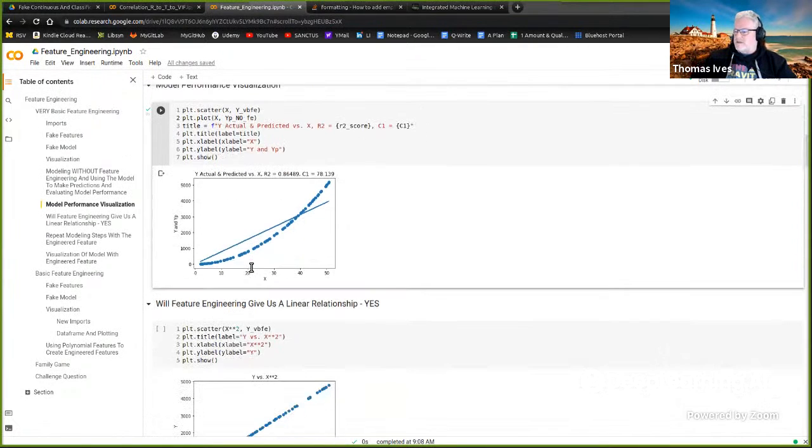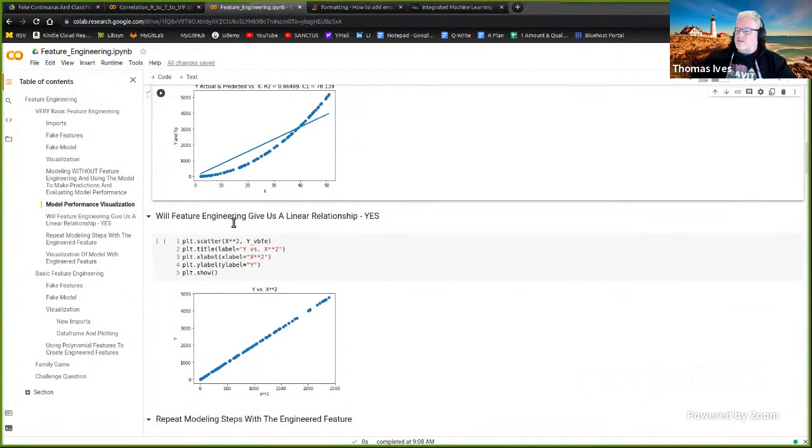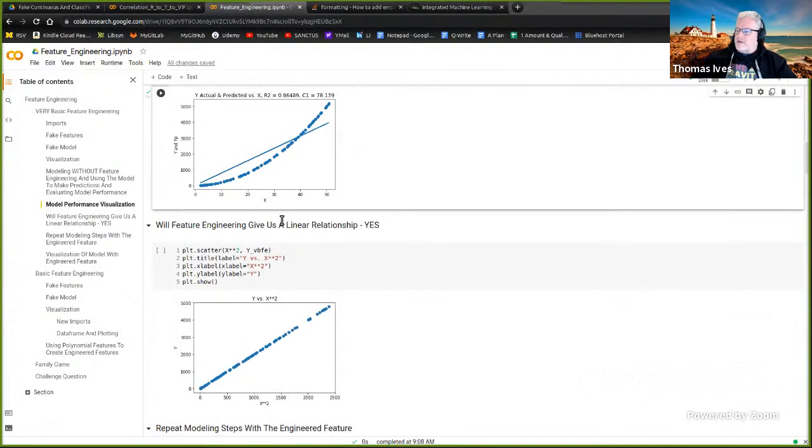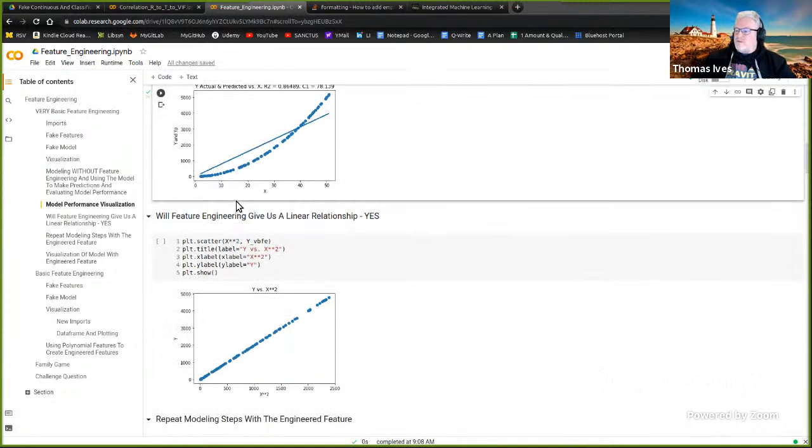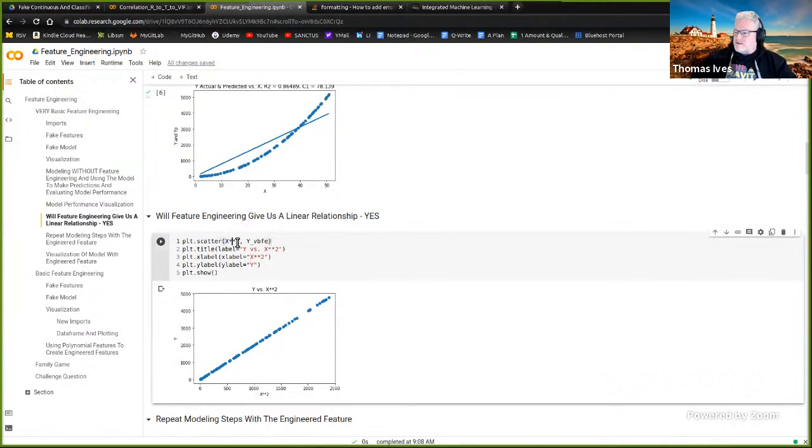Of course we can. So we ask, will feature engineering give us a linear relationship? Because let's look at this. The assumption to use linear regression is that we have linear relationships. And this is not a linear relationship between X and Y. So if we do a scatter plot of x squared, again, this is a NumPy array, so we can just square it directly and it'll square all the values in it.